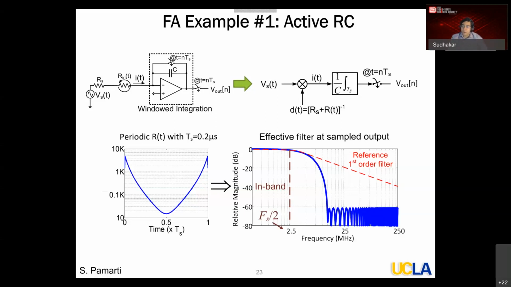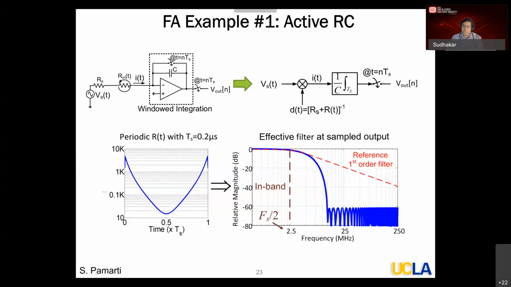To compare with a traditional first order integrator or first order filter, I'm also plotting the first order response. That's the dashed red curve. That's a simple first order filter. Why am I showing that? If I did not do any time variation here, if it were an LTI circuit, that's what I'm going to get, a first order filter. But because I'm doing this time variation, what I have is an incredibly sharp filter.